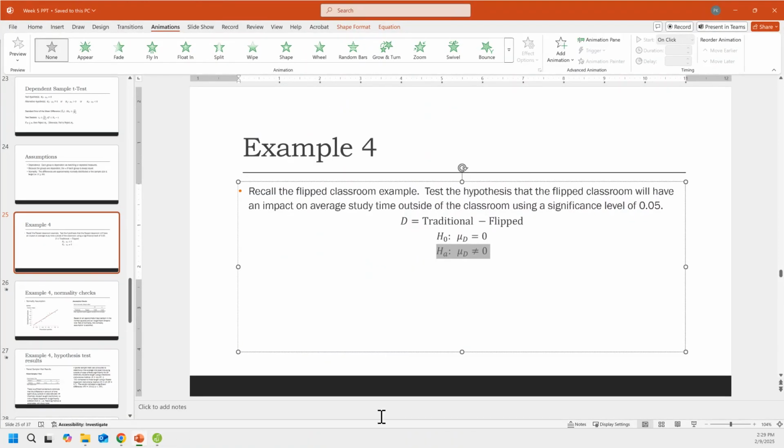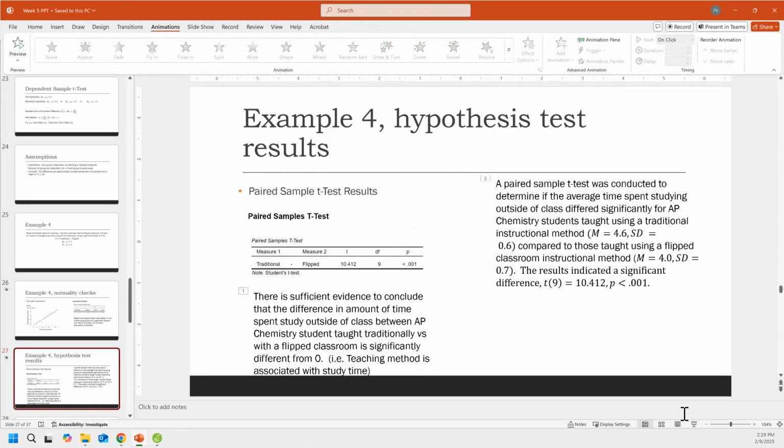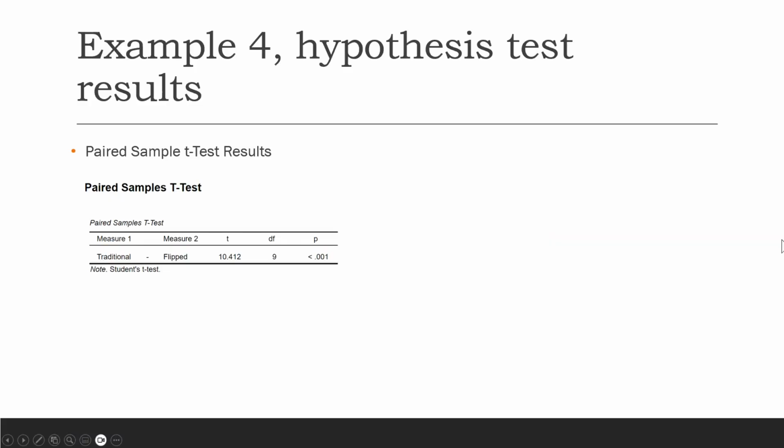And so if I go back to my results, I can see that since p is less than 0.05, and it's less than 0.001, it's definitely less than 0.05. That means it's very significant, right? That means we want to reject our null hypothesis.